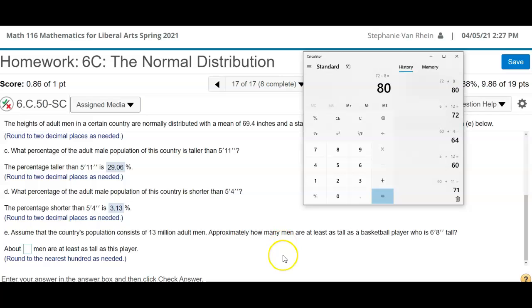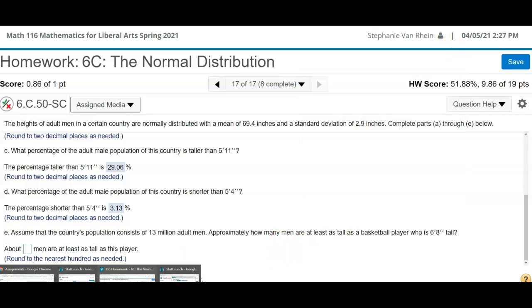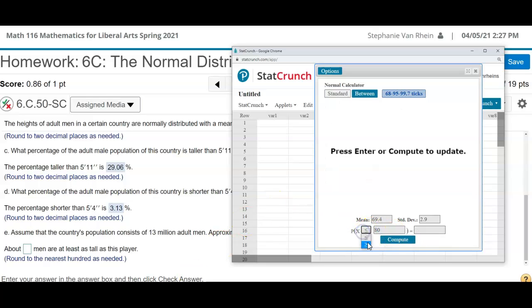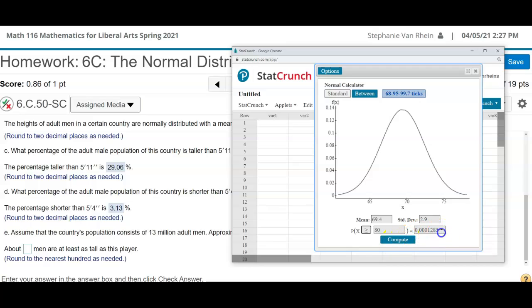That's 80 inches. That's pretty tall. A very small percentage of that population is going to fit in that, right? We're looking for someone that is taller than, this is a tiny percent, right? And if I multiplied this without approximating times 13 million, it's going to get my answer off a little bit further than I want.